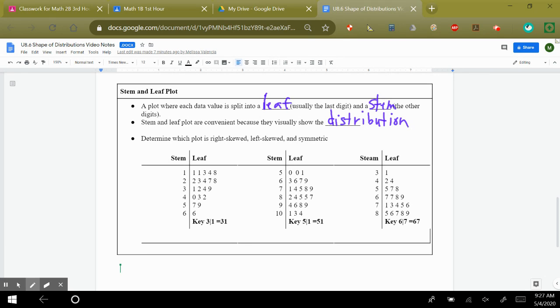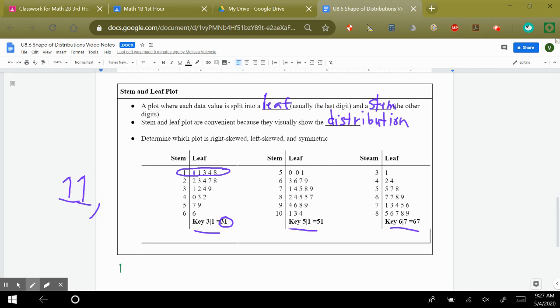So it says determine which plot is right skewed, left skewed, and symmetric. Just to be a little more clear, for this stem right here, you'll see they have these keys. If I'm looking at this top row, the 1 represents the tens place, and the key tells us that we're dealing with numbers that have a tens place. So I have 11, the stem is 1, the leaf is right there, that 1.